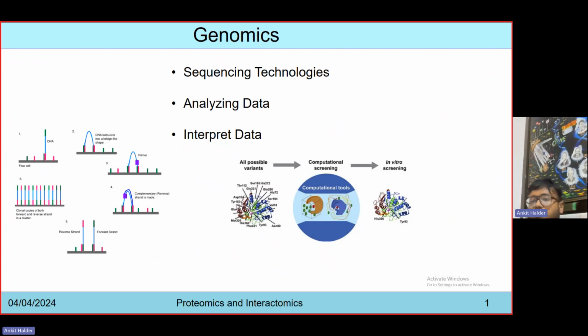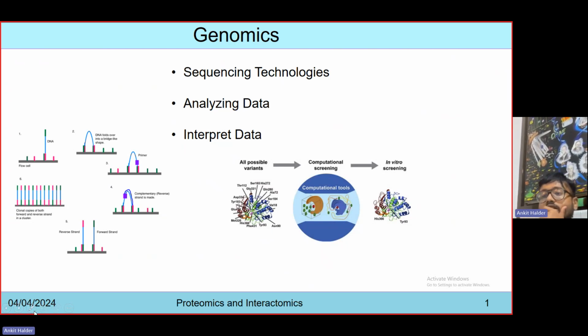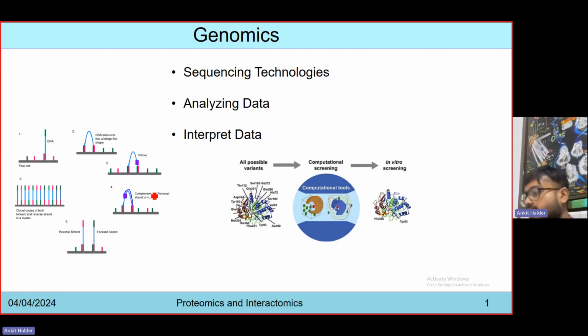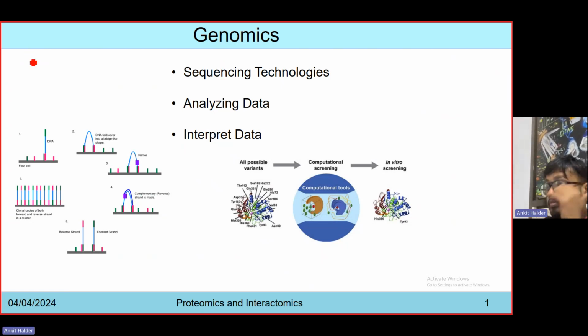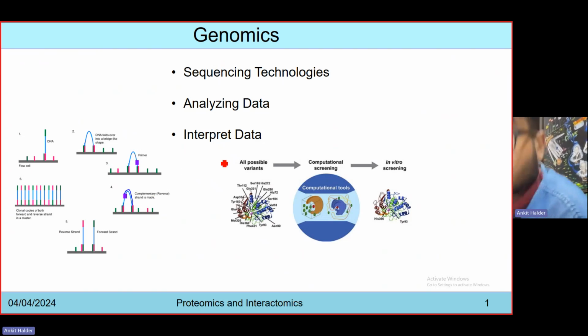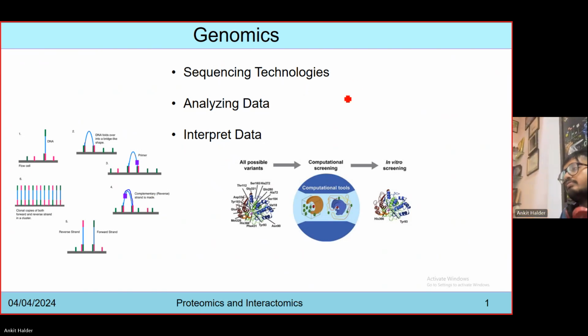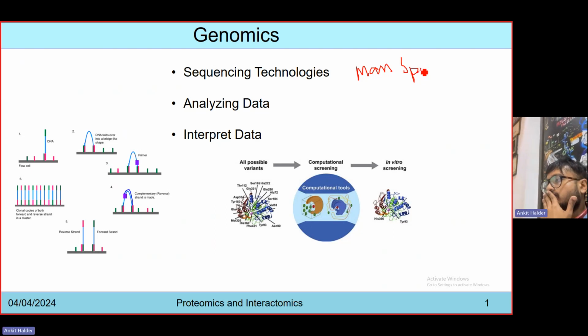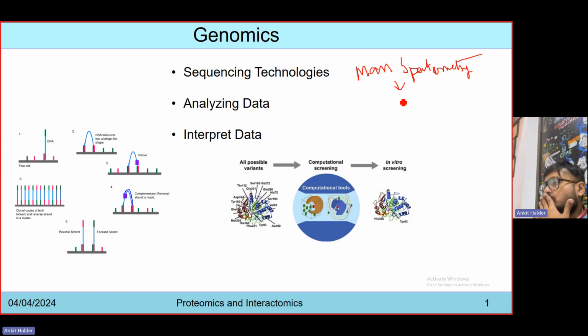So the mass spectrometry is something. So say, we have proteins.